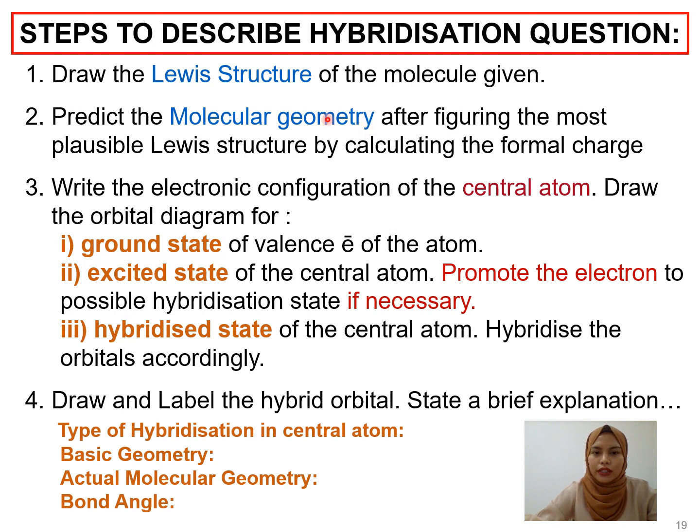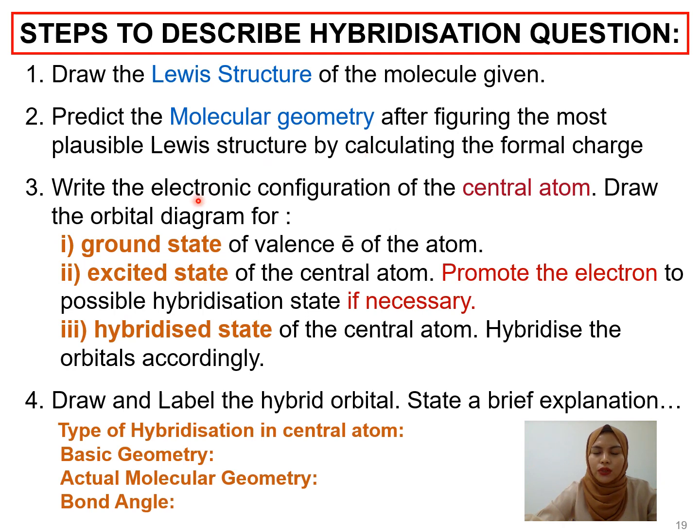So that you will know the real molecular geometry and also the electron arrangement of your central atom. Because from the electron arrangement of your central atom, you can know its hybridized state. Okay? And also, to know the most plausible Lewis structure, you need to calculate the formal charge so that you can know which is the most plausible Lewis structure for your molecule.